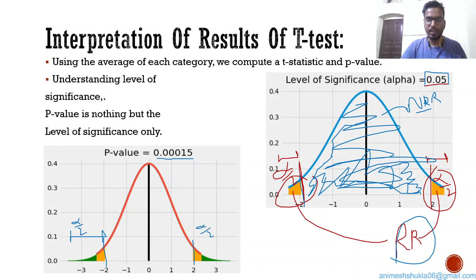Simply understand that if the p-value is less than alpha, if the p-value is less than 0.05, as can be observed over here in the green region, the green region lies before this orange portion. That basically means that it is less than 0.05, and hence we have rejected the null hypothesis since it is lying in the rejection region.